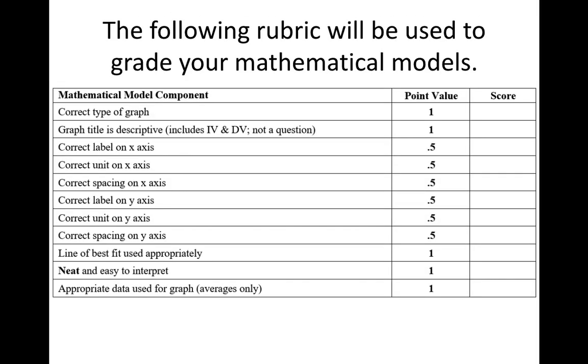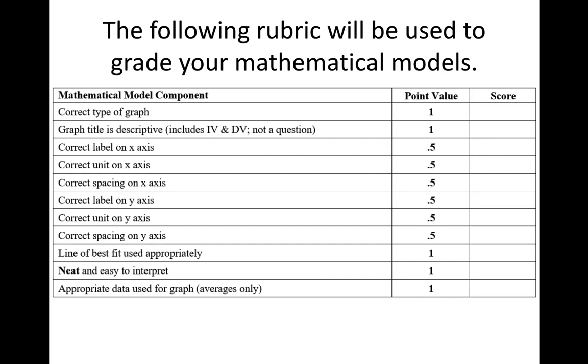All right, so here we have a rubric as to how you're going to be graded on your mathematical models or your graphs. So the correct type of graph is worth 1 point. A title that's descriptive, includes the IV and DV and is not a question, is 1 point. Correct label on the X and the correct unit on the X are worth 1 point total.